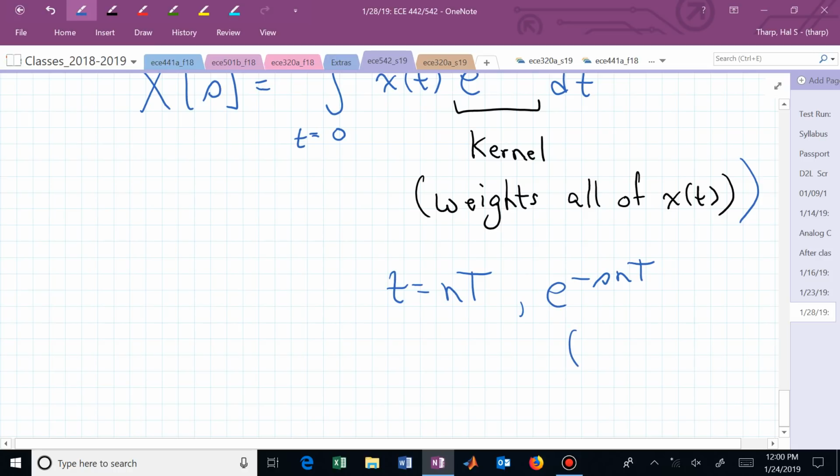What if we now rewrite that as e to the minus st raised to the n?